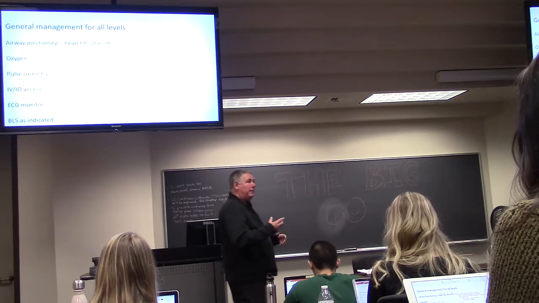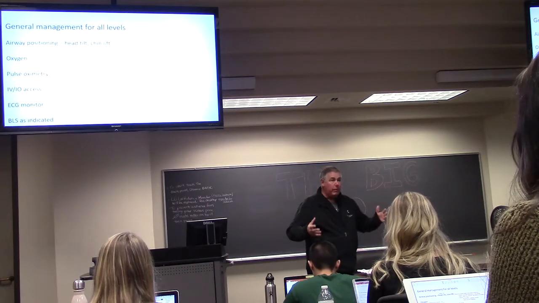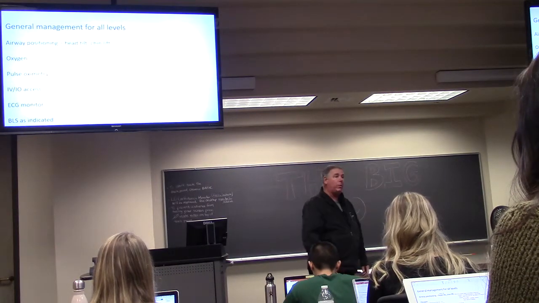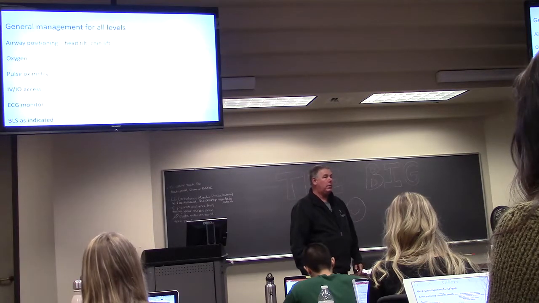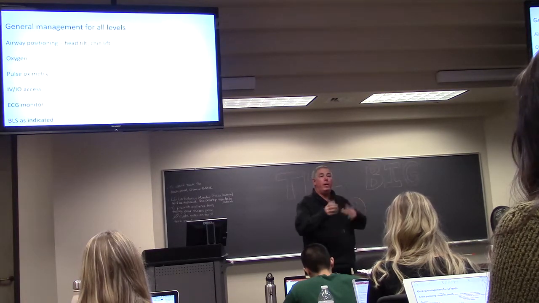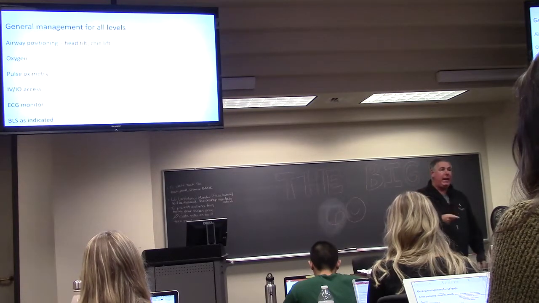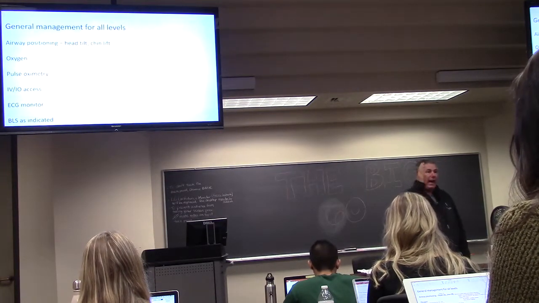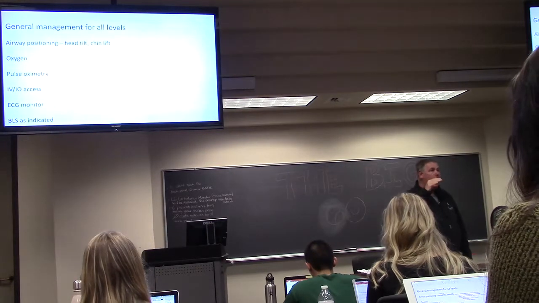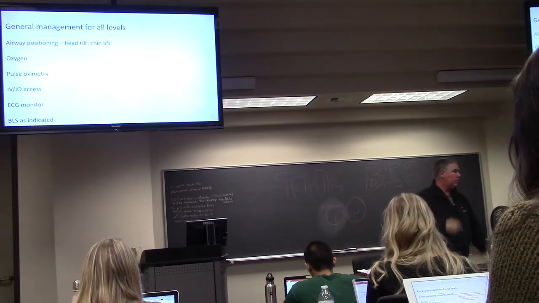So don't make the mistake of thinking, oh my God, they're not breathing, put the oxygen back on. That's not what you want to do. To avoid oxygen toxicity, to avoid excessively high PaO2s, keep the sat at 94 to 99. Okay?